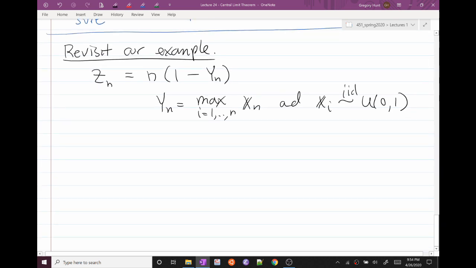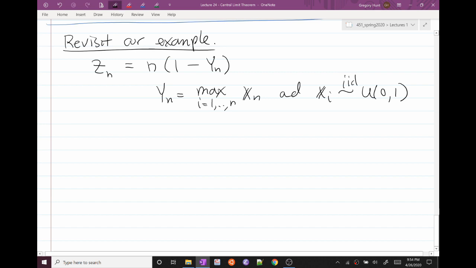Let's see if we can figure out what z sub n converges in distribution to. We said that y sub n converges in distribution to 1, so if you just plugged in 1, it would seem like z sub n should converge in distribution to 0. So let's take a look.